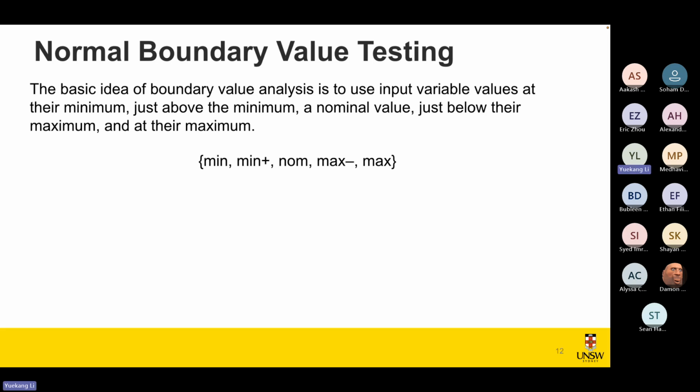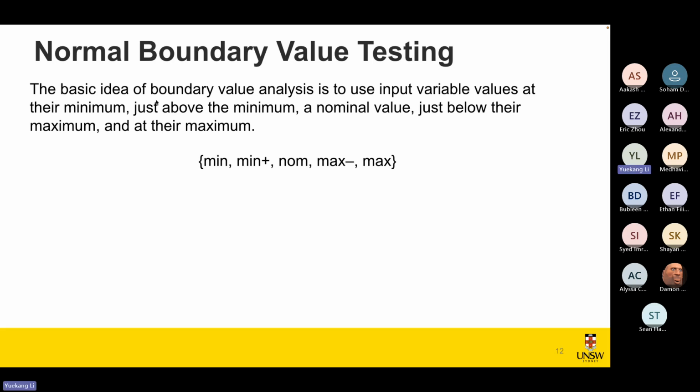Normal means all the input values can only take valid values, so we don't care about invalid ones. According to the single fault assumption, we only allow one value to take the extreme value each time.